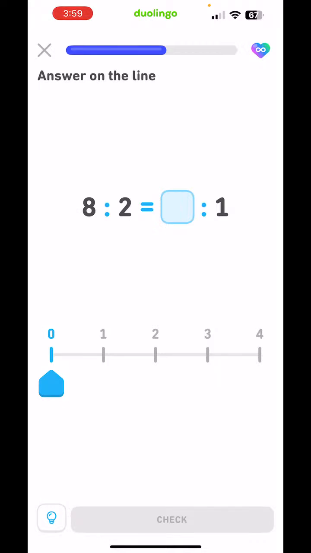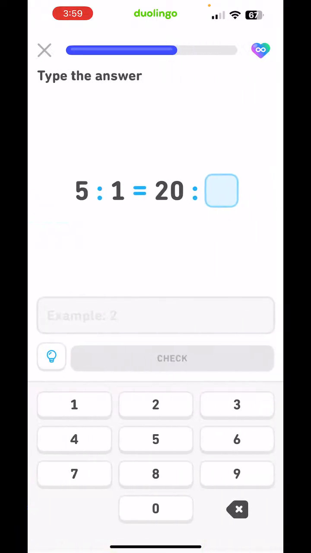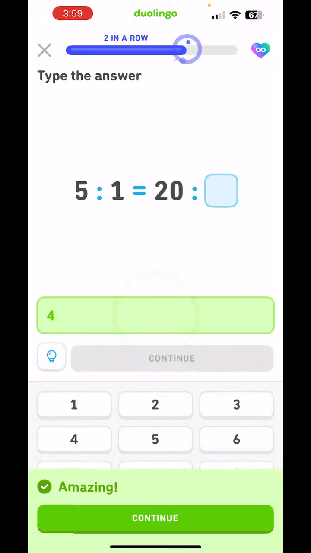All right, so we have 8 to 2 equivalent to x to 1. So same thing, we can divide by 2, so we'll get 4. Okay, so here we have 5 to 1 equivalent to 20 to x. So 5 times 4 is 20, so we can assume that x is 4.